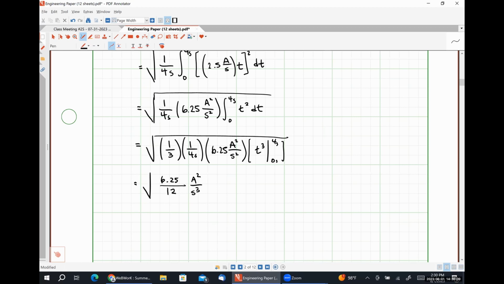Just combining all of my units and all that kind of stuff together. 4 seconds cubed, so 16 times 4 is 64 seconds cubed minus 0 seconds cubed. 6.25 times 64 over 12. Looks like 33 1/3 or 100/3.